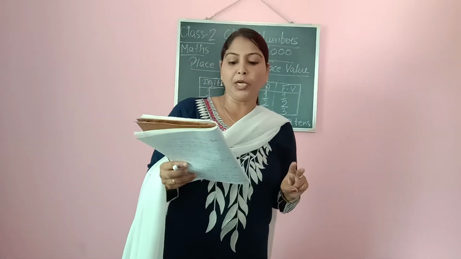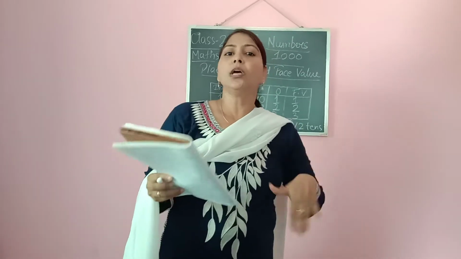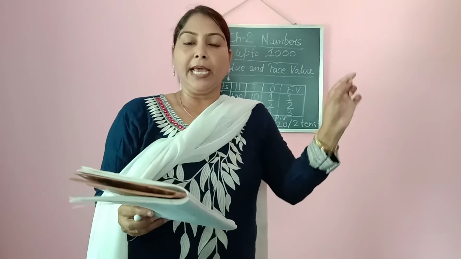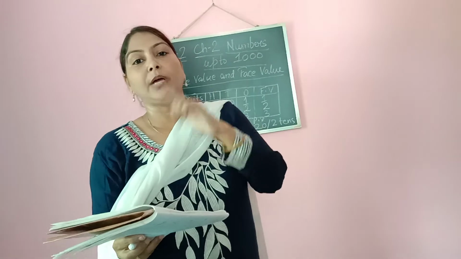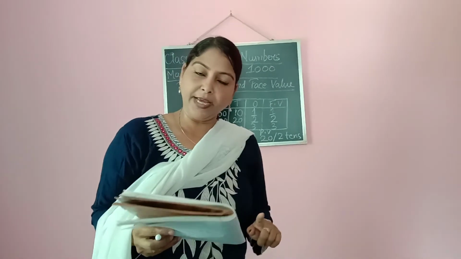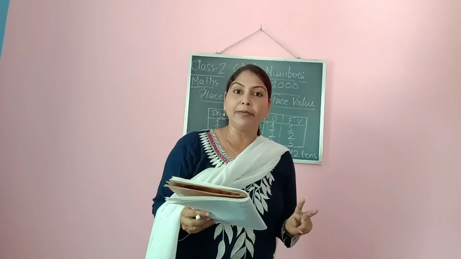And in page number 22, you will do the opposite thing. That means in words it is written and you have to write in the numeral form. Fine. So you will complete page number 21, write the number names, and you will also complete page number 22, write the numbers.